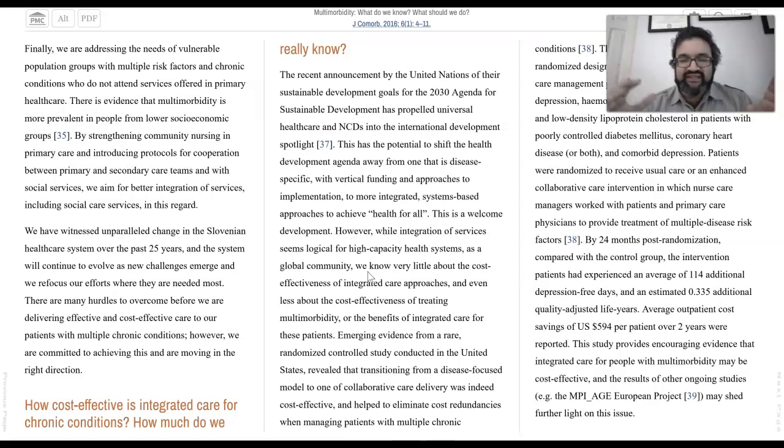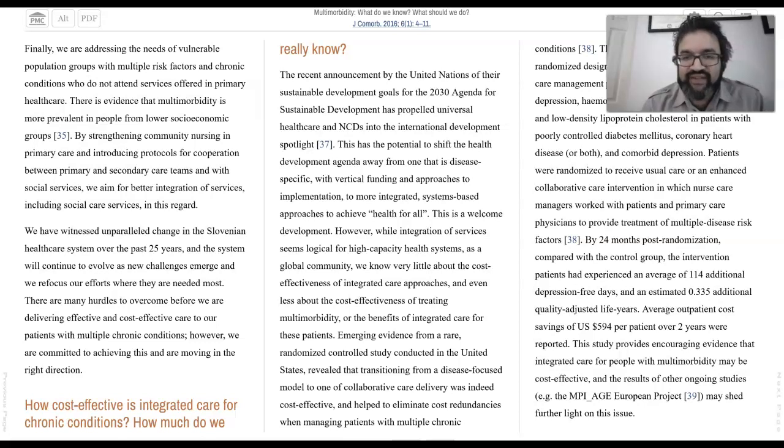So the caveat here is that we're actually getting away from cost effectiveness, and in areas which are resource poor and already struggling for finances, it might be beneficial to have a more balanced approach of kind of a systems-based health for all and disease-specific, so that people can get the best care that they can from the healthcare system.